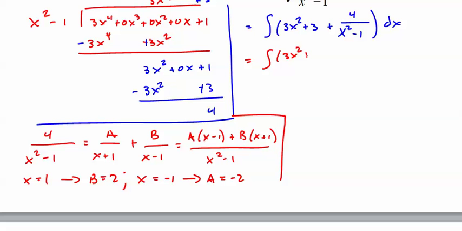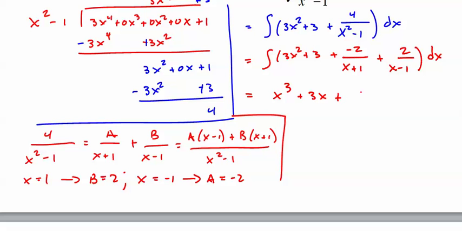The integral of 3x squared plus 3 plus negative 2 over x plus 1 plus 2 over x minus 1 with respect to x equals x to the third plus 3x, I'll just slap it up front, minus 2 natural log of x plus 1 plus 2 natural log of x minus 1 plus c hanging out here at the end.